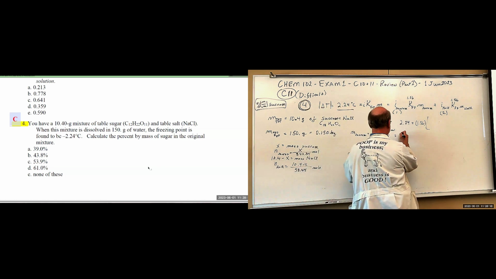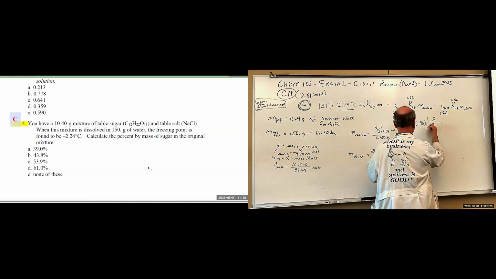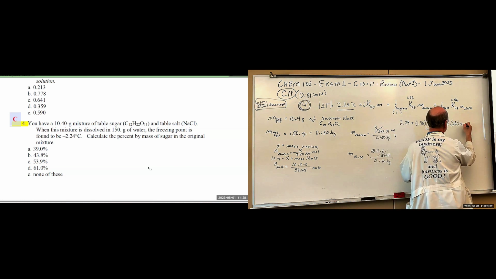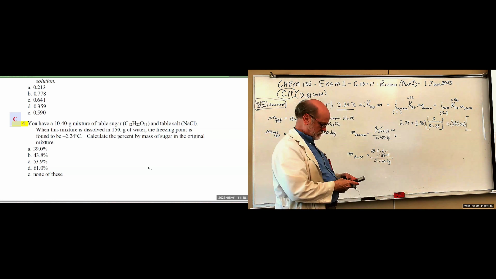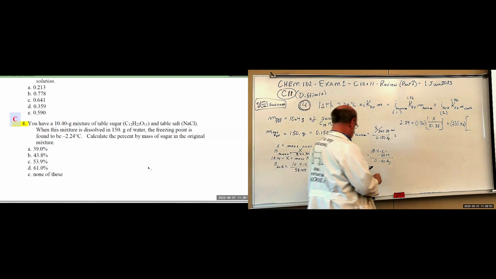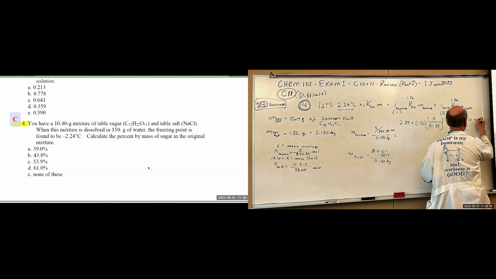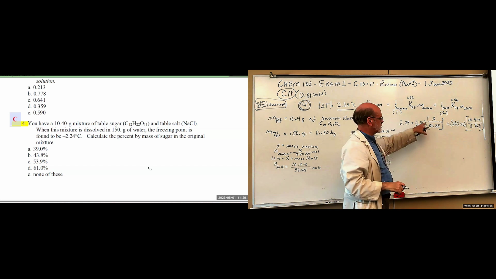So this is X divided by 51.35. Then plus 2 times 1.86, and this factor can be reduced further: 58.45 times 0.15 is 8.768, with 10.4 minus X over it. So there's our equation, the one unknown. We just have to solve for X.